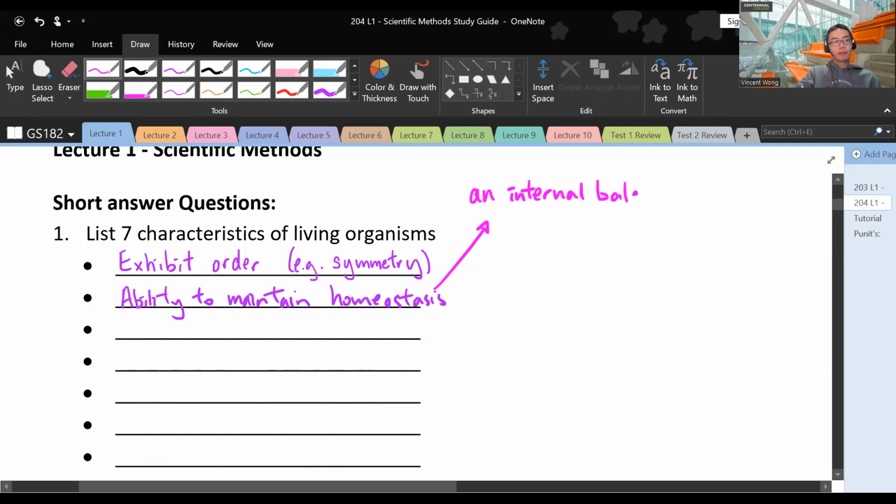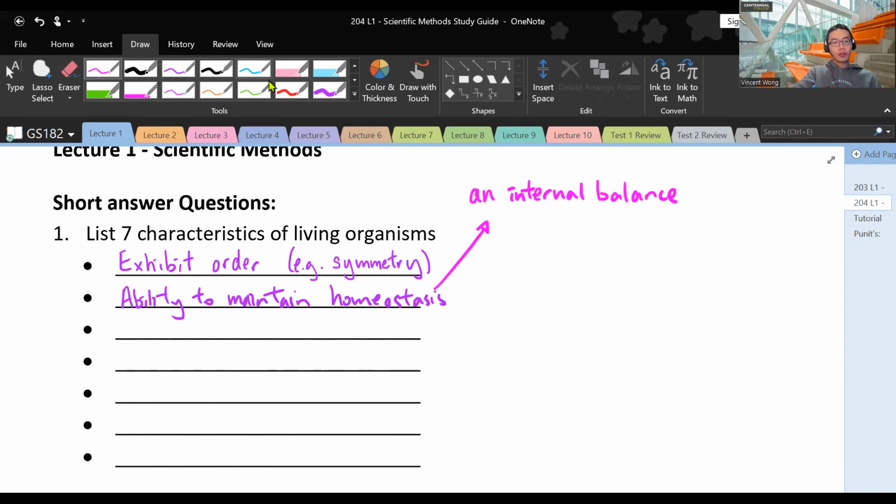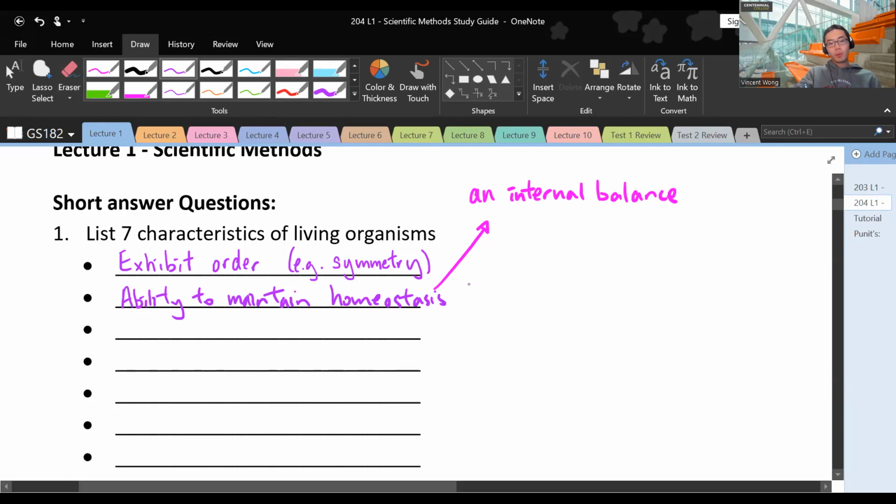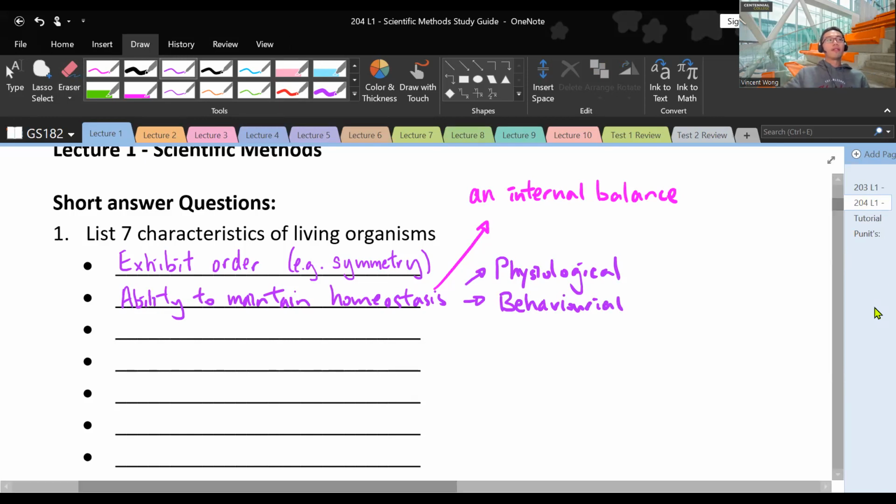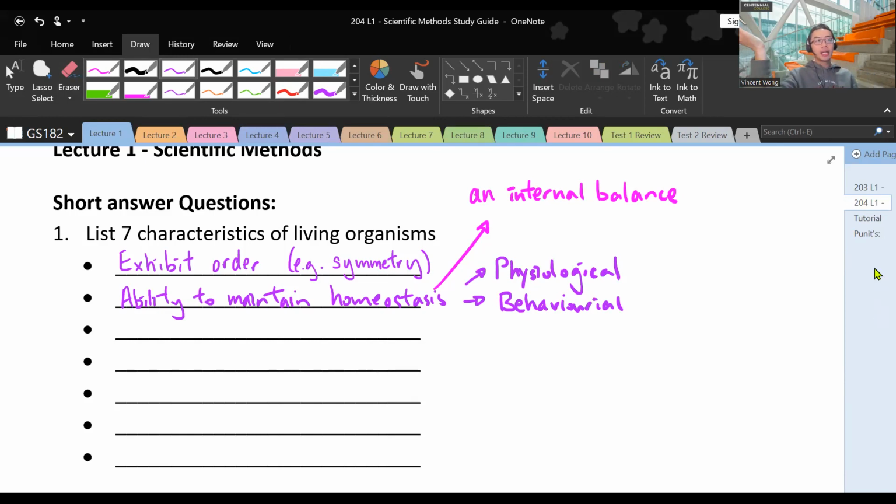To maintain internal balance, there are 2 ways to achieve this. We can do it either through a physiological mechanism, or through a behavioral mechanism.